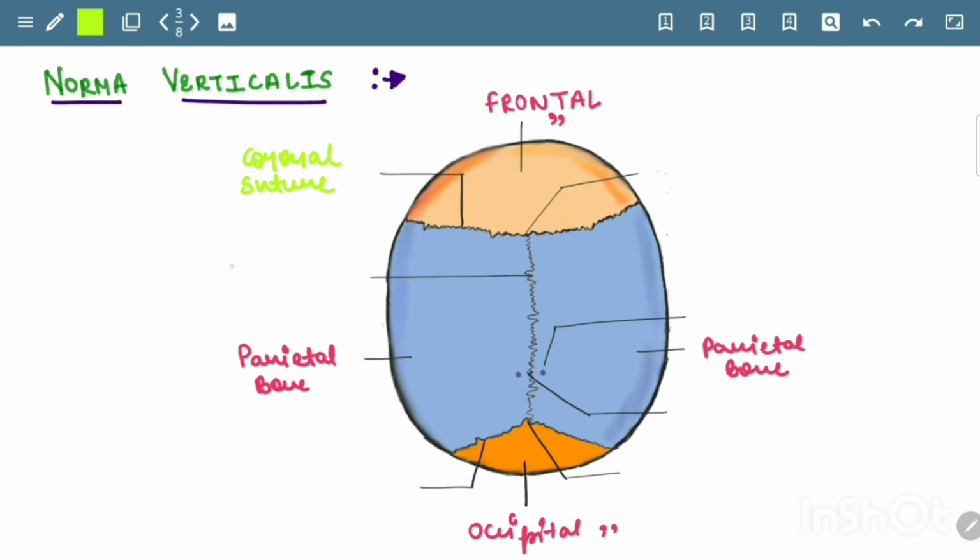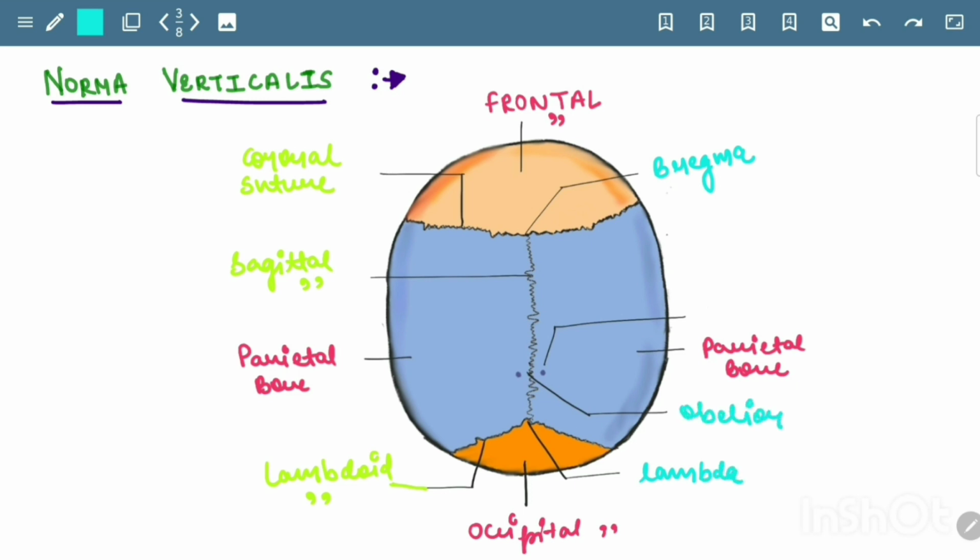I write sutures in green color. This one is sagittal suture. This is lambdoid suture. This point is bregma. This is lambda. This one is obelion. And these 2 points are referred to as parietal foramen.